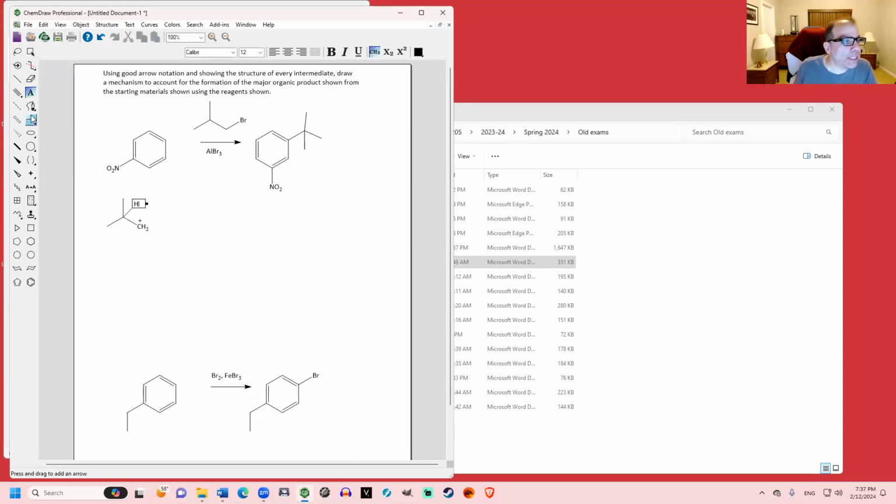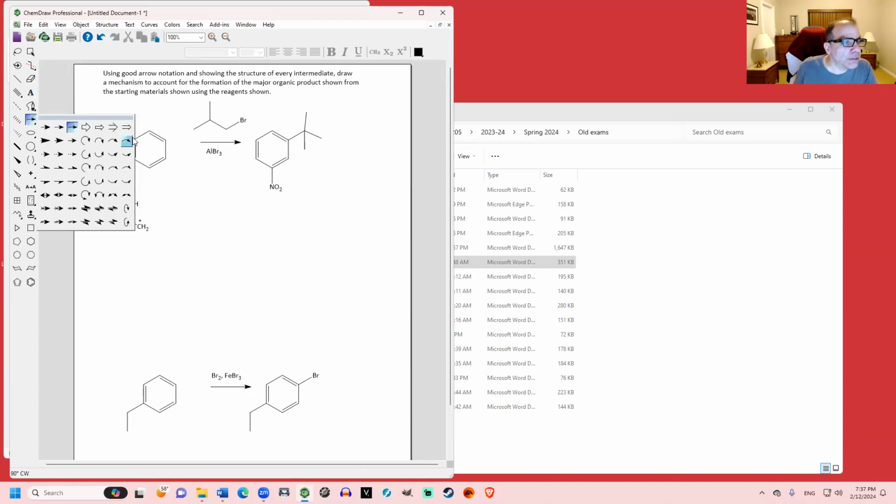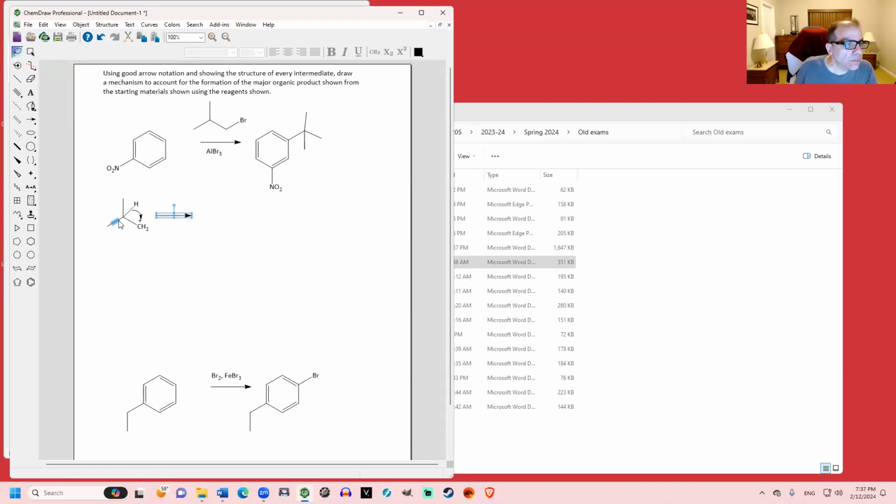And so that will surely happen before anything else. And that moves the plus charge over to the central carbon.